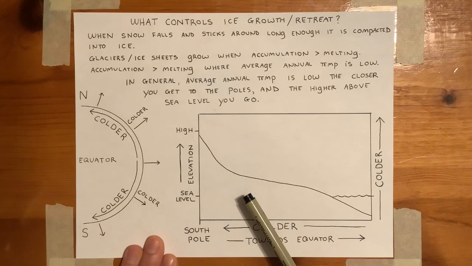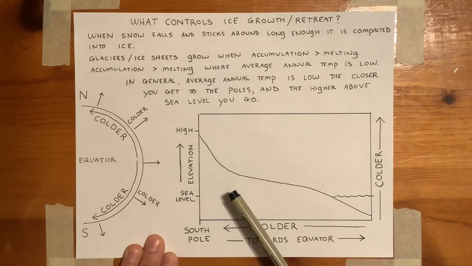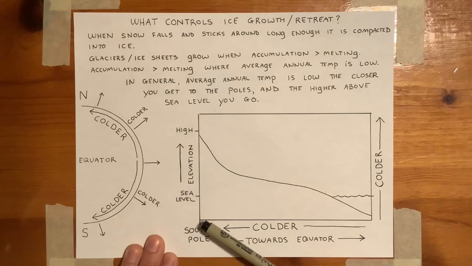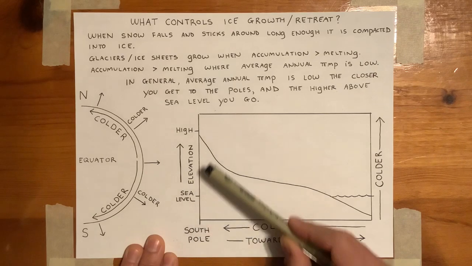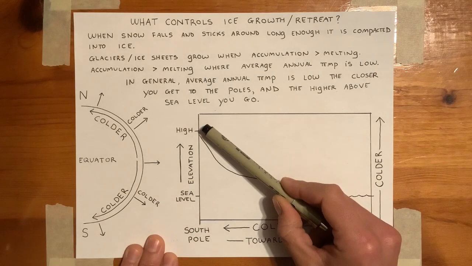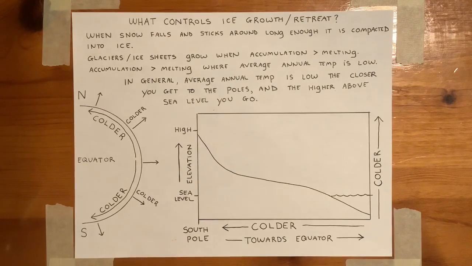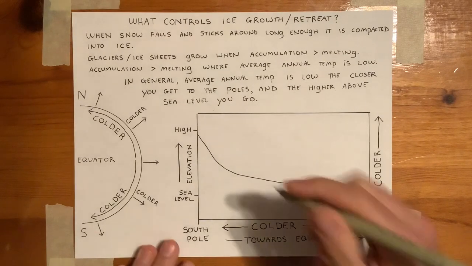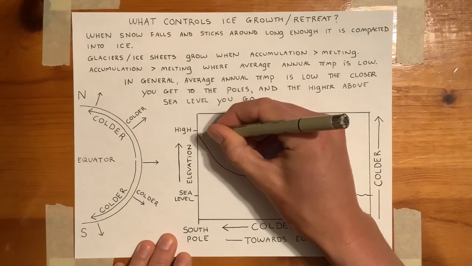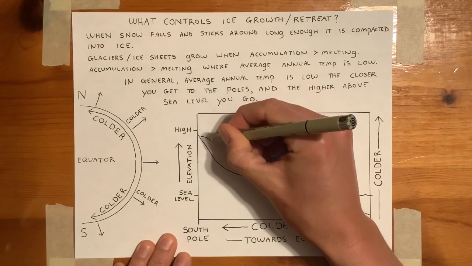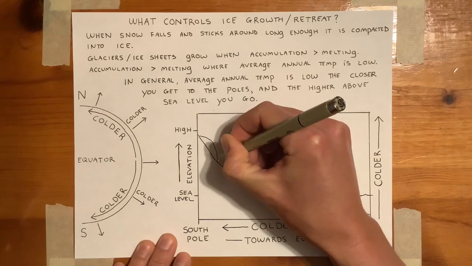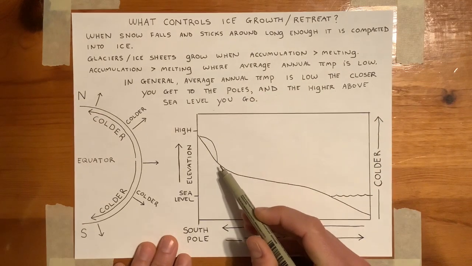So when Antarctica started to glaciate, the very first places that would have been able to hold ice would be places very close to the South Pole and places with very high elevation. So the very first place that ice is going to be stable is going to be in the mountains of Antarctica. So we can form some ice, some glaciers here.